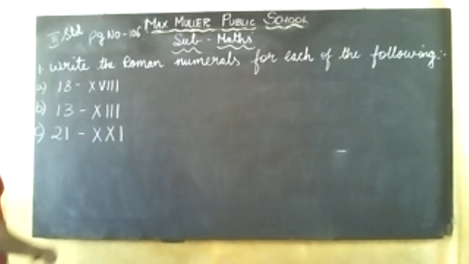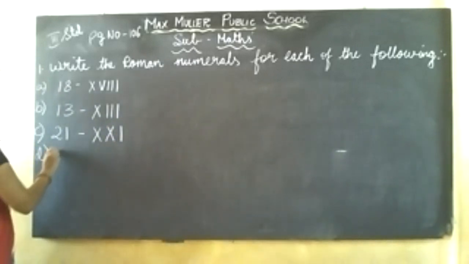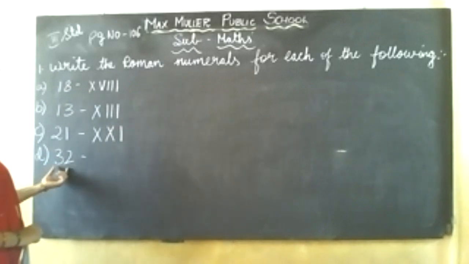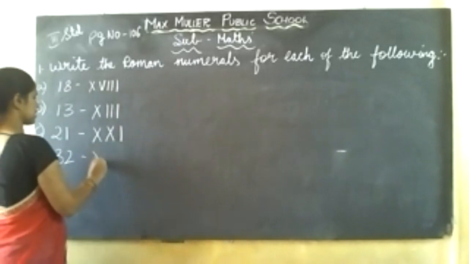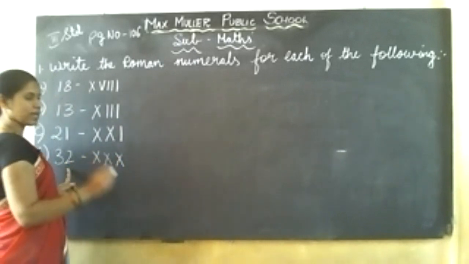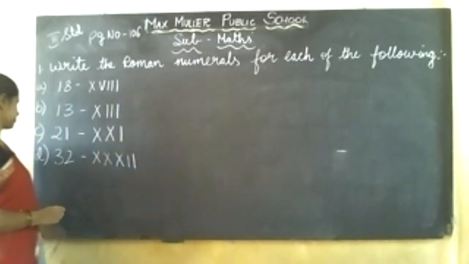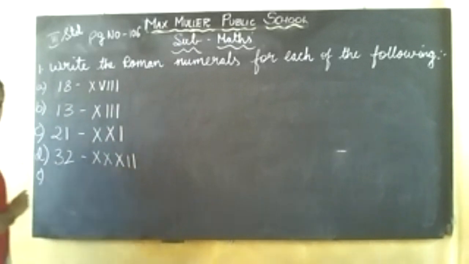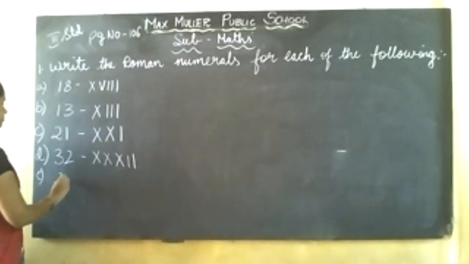Next, 32. How will you write 32? 30 means 3 times X. 2 means 2 lines you are going to write. Next, 27.